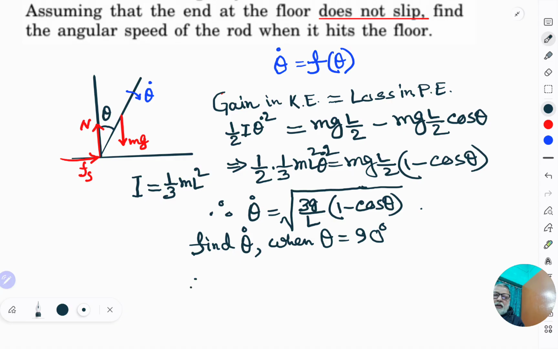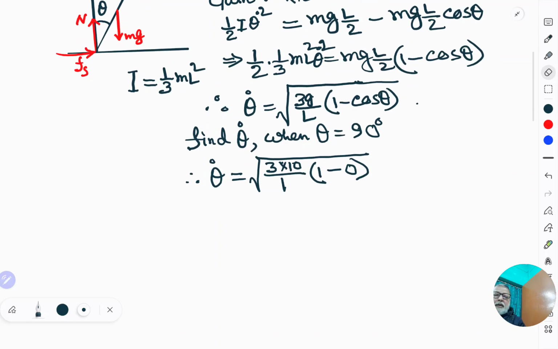And therefore, we get the value of theta dot is equal to root under, I put the value of g as 10, 3 into 10 by 1 meter stick, so L is 1 meter into 1 minus cos 90, that is 0, and I get the value of theta dot, which is, well, better I write it in the next step.